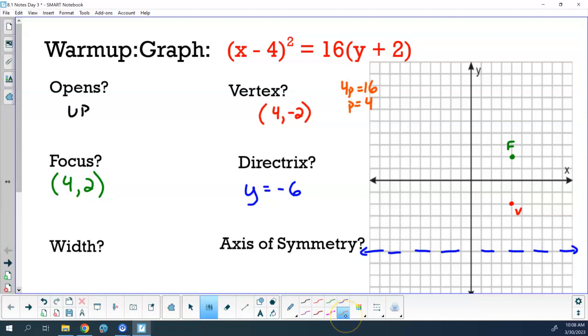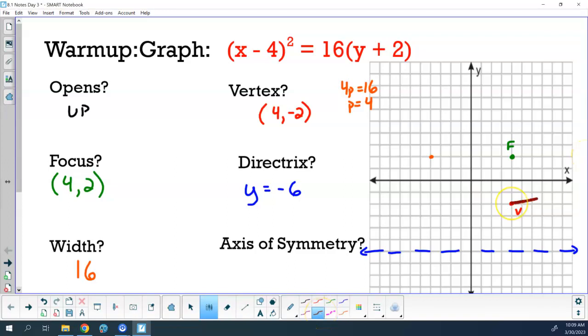What is the width of my parabola? 16. So that's groups of 8. 2, 4, 6, 8. 2, 4, 6. Over there. Okay?